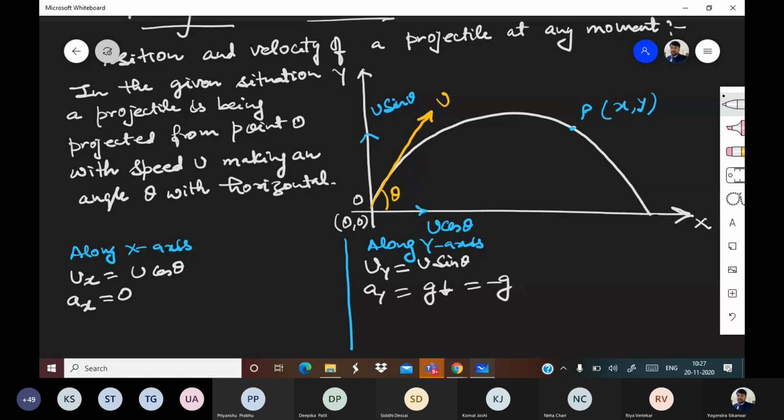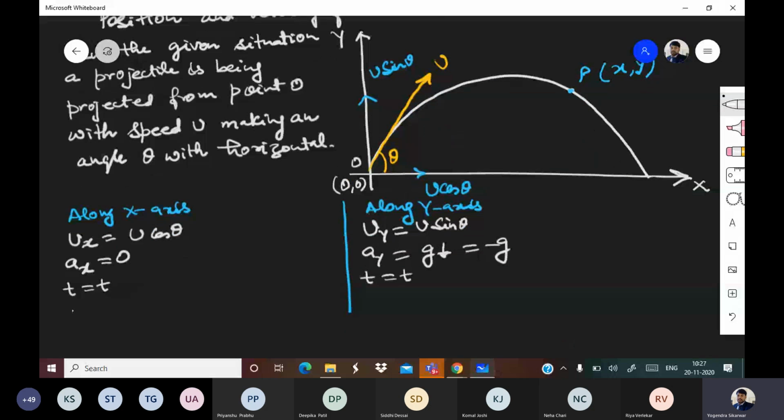Okay, now we are finding at any time t, so time t is equal to t, vx is equal to question mark. That means how much will be the velocity along x direction, that is question mark. Secondly, the x coordinate is also question mark. We need to find the value of x coordinate.